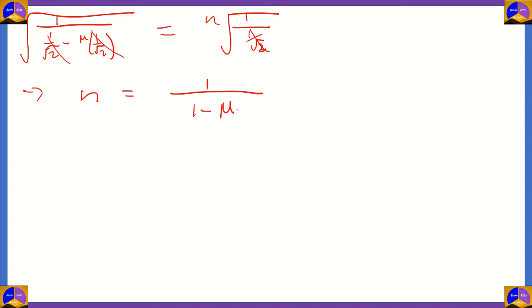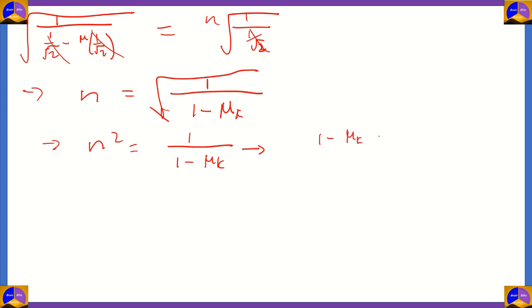And let's write this mu as mu k for the plane. So let's square both sides. So n squared equals 1 by 1 minus mu k. So what you get is 1 minus mu k is equal to 1 by n squared.